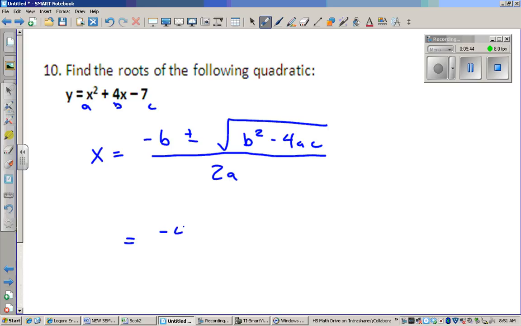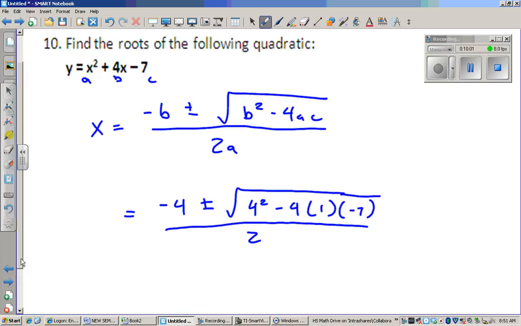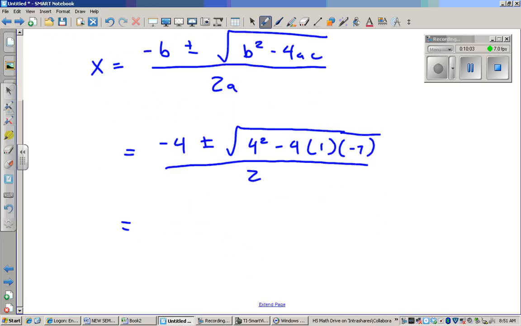So my b value is 4, so I have negative 4 plus or minus the square root of 4 squared minus 4 times 1 times negative 7. And I'm going to take that whole thing and divide it by 2 times 1. So if you have the quadratic formula in your calculator, you've got much less work to do than I do right here.